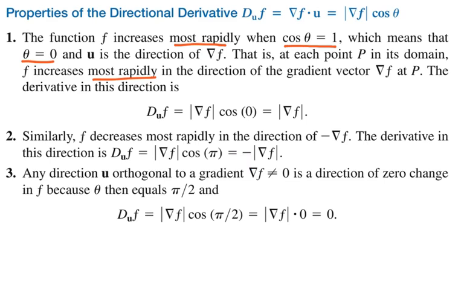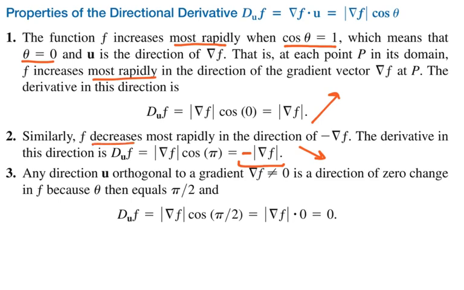So essentially, if you are asked where the function is increasing or decreasing at its fastest, going up at the steepest amount or down at the steepest amount, that is always going to be found by finding the magnitude of the gradient of f. So the positive magnitude of the gradient of f is where we are increasing most rapidly, and if we negate that, that's where we are decreasing most rapidly.